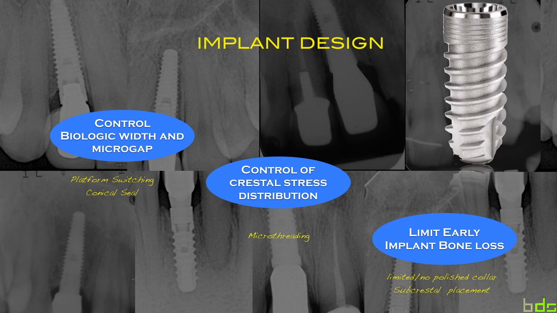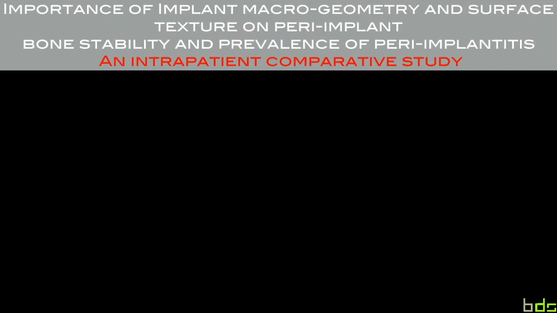Now, what we wanted to do is compare 3 different implant systems and try to evaluate the importance of macrogeometry and surface texture, especially for bone stability, and secondarily also observe the prevalence of periimplantitis.